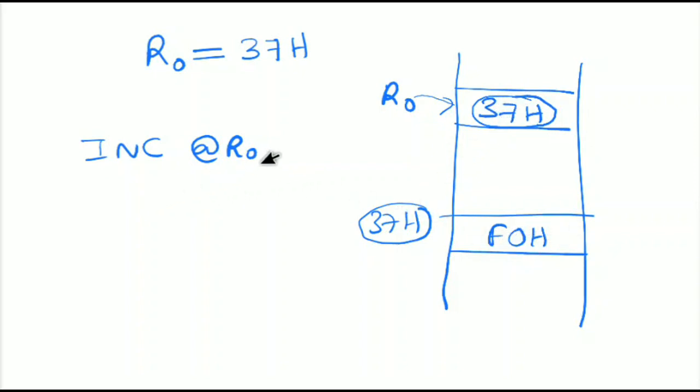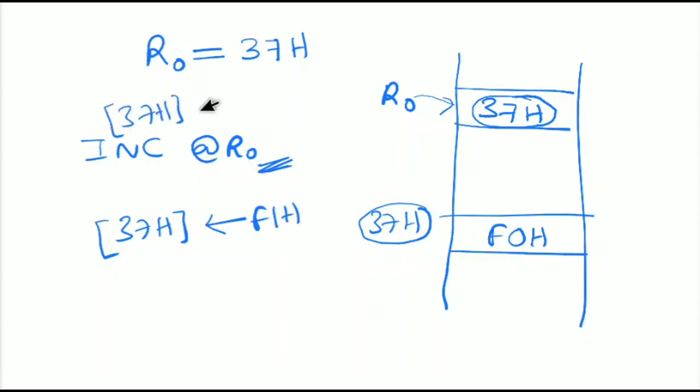So after this, the 37H location value will become F1. Before this, the 37H content is F0. After this instruction it will become F1. R0 will maintain the same 37H value, there is no change within that, but here this R0 register is not holding data, it is holding an address.